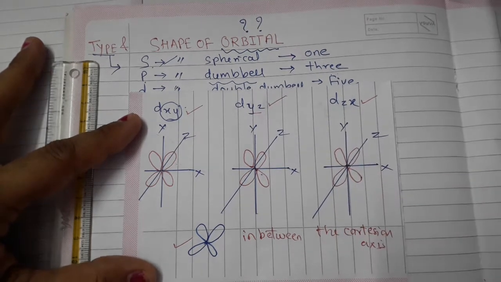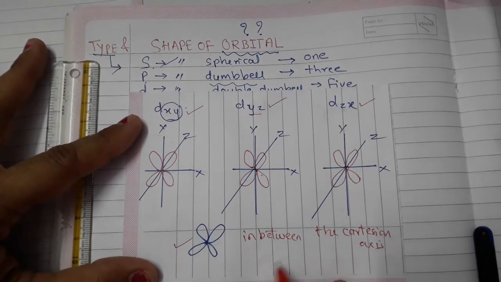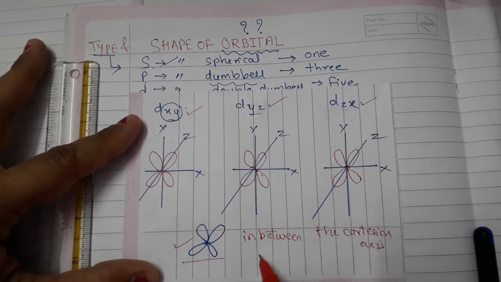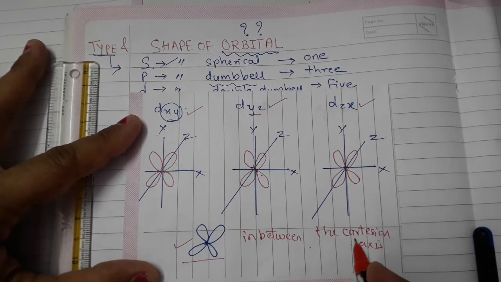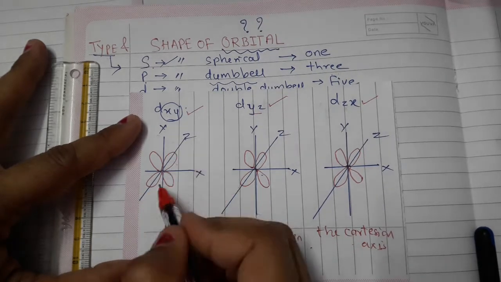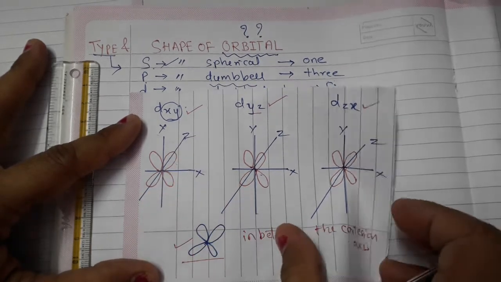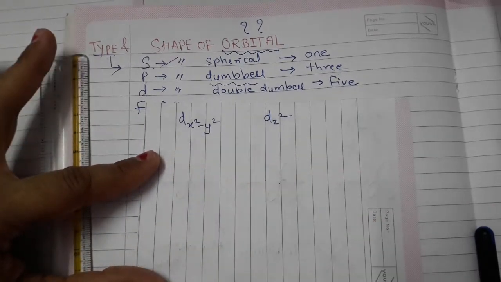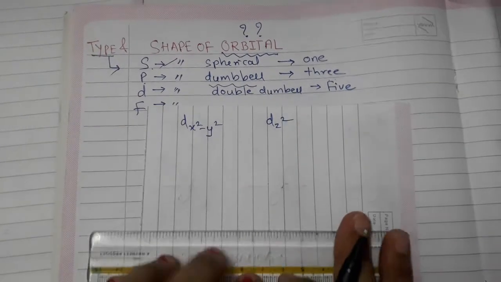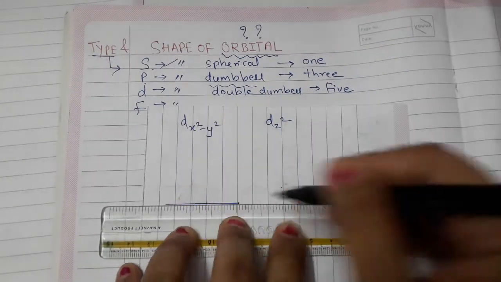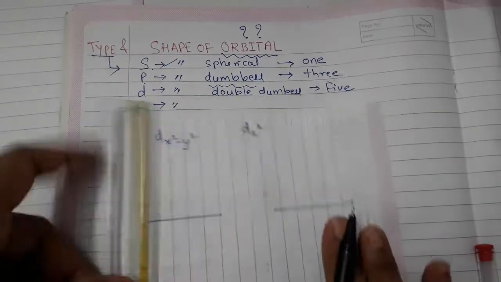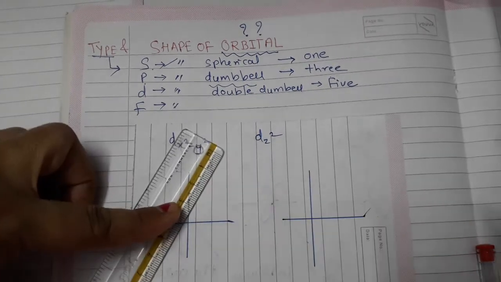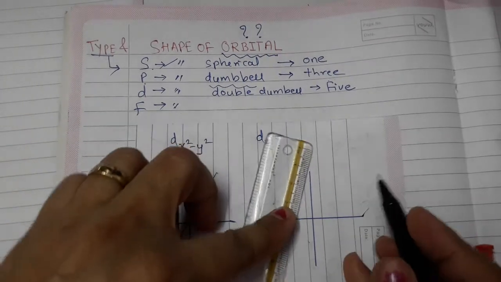So what you have to remember is, it is like a flower, okay, with 4 lobes. And it is present in between the Cartesian axis, in between the x, y and z plane. Alright, now we will go to the next remaining 2 types of orbitals. Now here what we have to do is, see, I am drawing x-axis, this is our x-axis, this is our y-axis and here we have the z-axis.